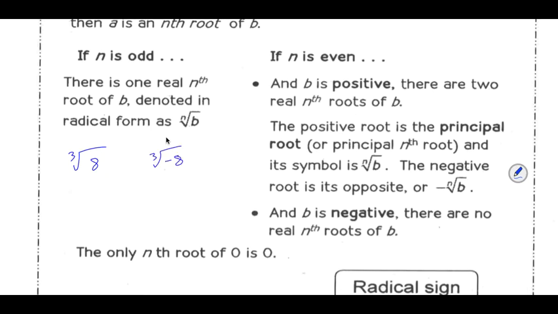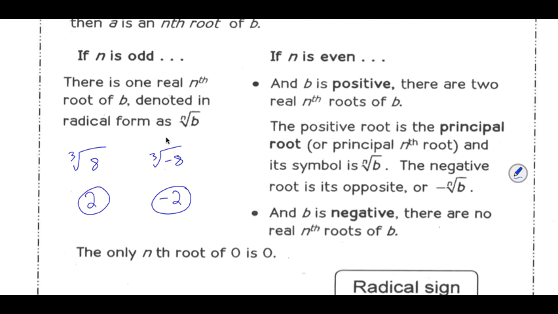The difference when we have an odd root is that you can get negative numbers, and you can take the root of negative numbers. So here, 2 times 2 times 2 is the only thing that gets me 8. So 2 cubed is the only thing that gets me 8. Here, negative 2 cubed is the only thing that gets me negative 8. There's only one possible answer for both of those. So for odd roots, if it's positive, it'll be positive. If it's negative, it'll be negative.